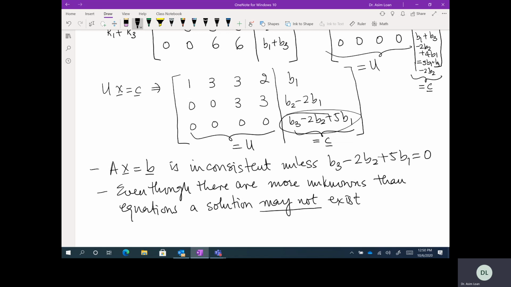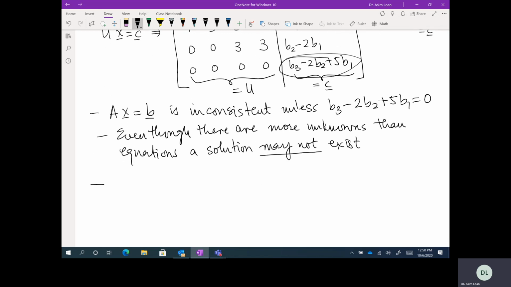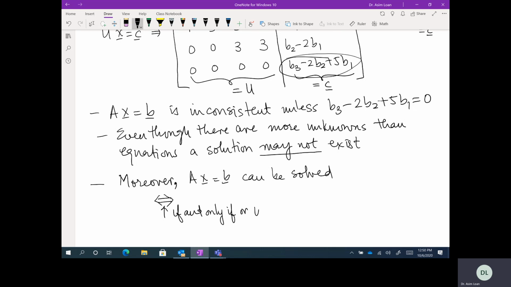So we know from chapter 1, or from the last lecture also, moreover, Ax equal to b can be solved if and only if b belongs to the column space of A, and not the column space of U. Why?